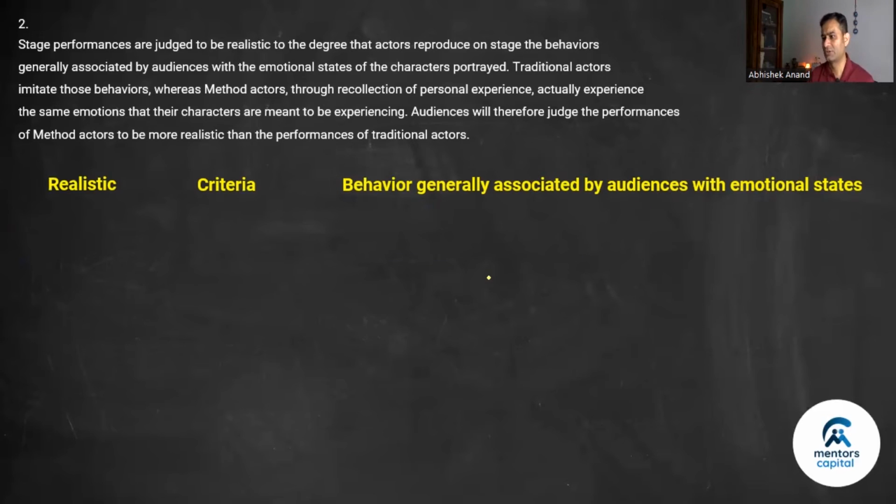Let me give an example. Let's say there's an actor A and an actor B. Both are performing the part of a teacher. Generally, let's say the audience thinks that teachers are irritated, always irritated. That's what people associate a teacher with. If it's a teacher, then they will be very irritated. That is what the audience associates. Now, actor A acts brilliantly, but he portrays a teacher as a very calm, funny person.